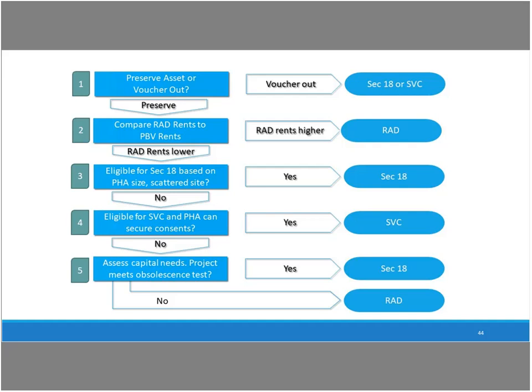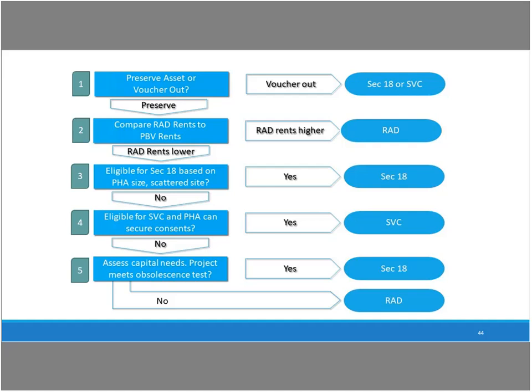So basically, the layers here, 2, 3, 4, and 5, are based upon a desire to preserve your existing building. You've determined that RAD rents are lower than Section 18, and you're exploring all the possible ways that you can access a tenant protection voucher, beginning with Section 18, going through the various options, so scattered site, 50 or less, efficient, effective, health and safety, obsolescence.